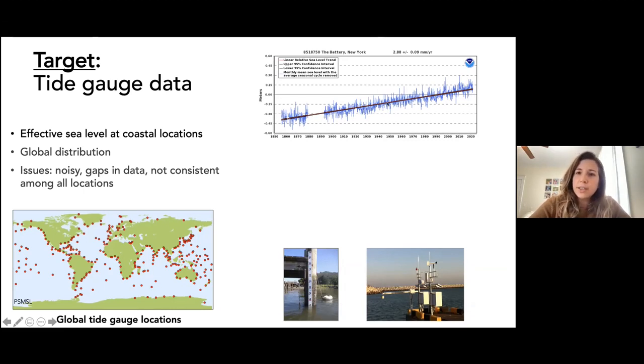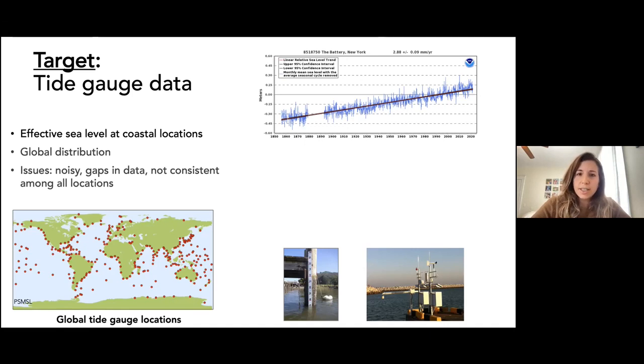You can see that there's this general trend of increasing sea level as we would expect. However, there's also a gap in data, so possibly something happened to that measurement at that location. It tends to be fairly noisy, possibly due to seasonality, storms. This is also not consistent among all locations.